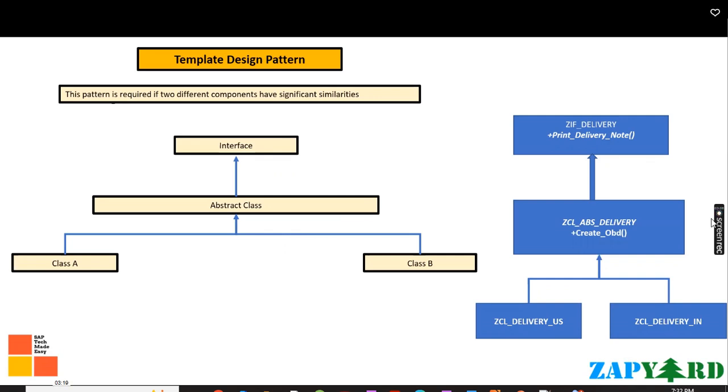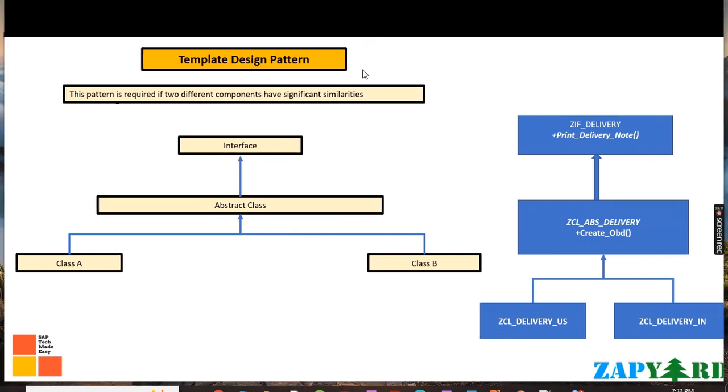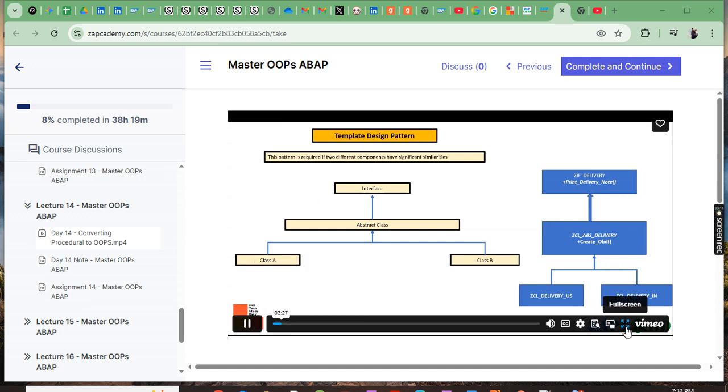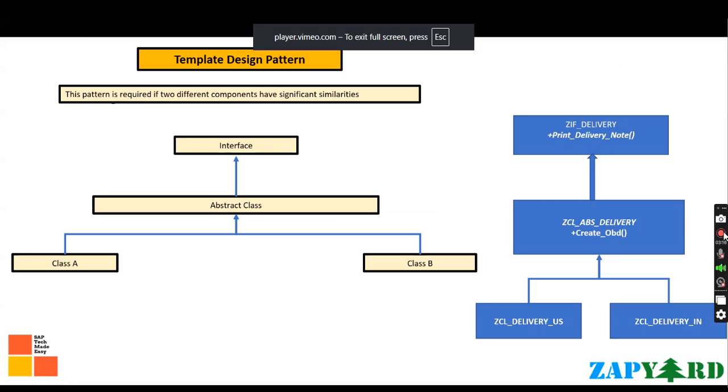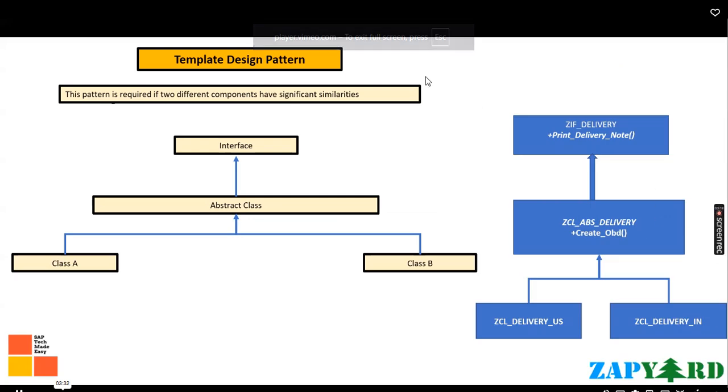It is not mandatory, but of course it's good to start with one if you are not sure how the implementation is going to be, and if you want to make something common, something uniform throughout your application, which can be used by anyone. In that case, we can start with the interface, then have the abstract class, and then the concrete class inheriting from the abstract class. So this is the template design pattern we have seen.